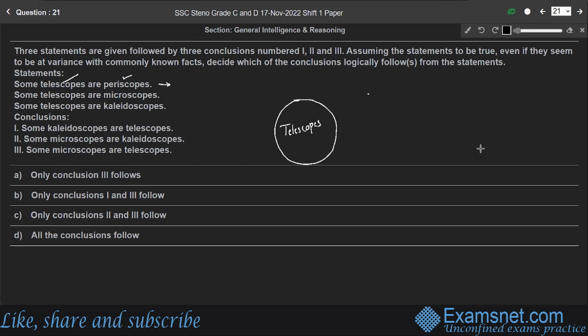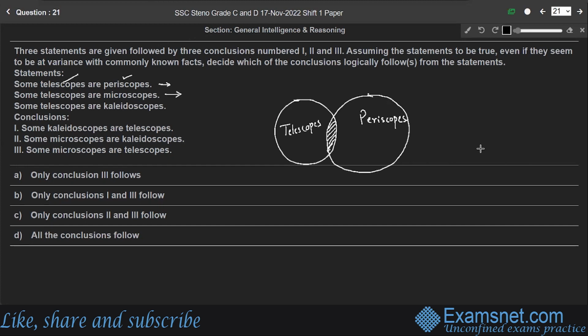That means some portion of telescopes is a portion of periscopes also, right? Therefore, this is set of periscopes. This shaded portion, which I am showing now, indicates the statement 1, right? Some telescopes are periscopes.